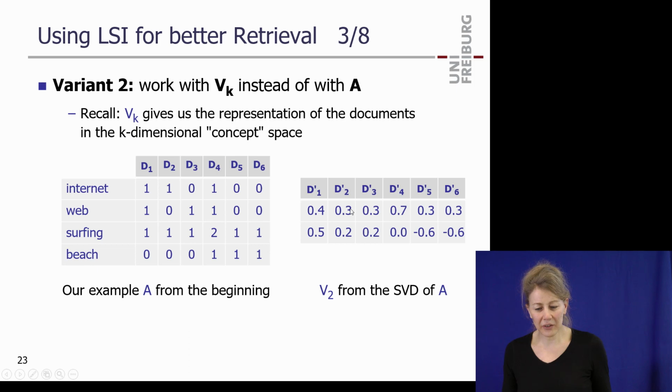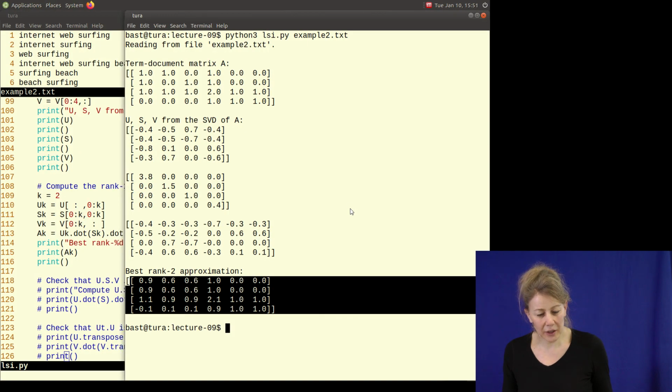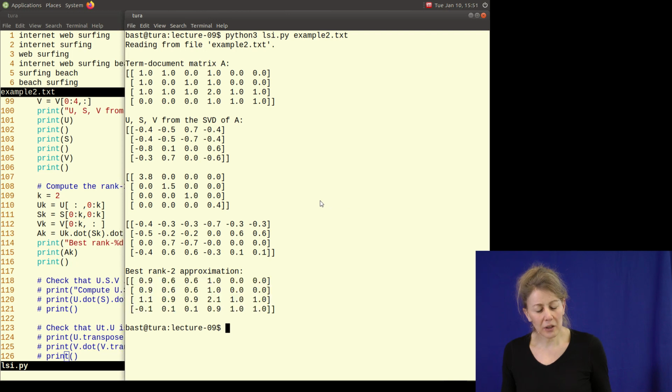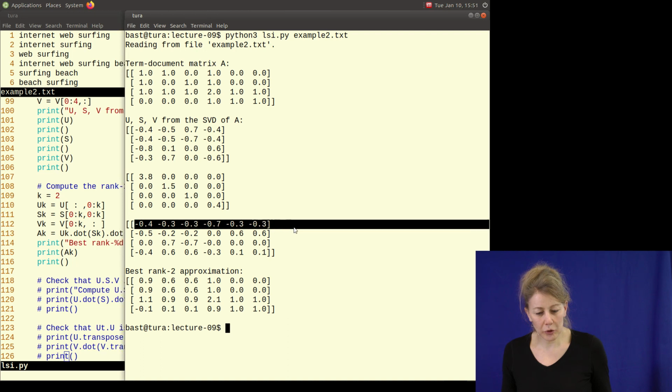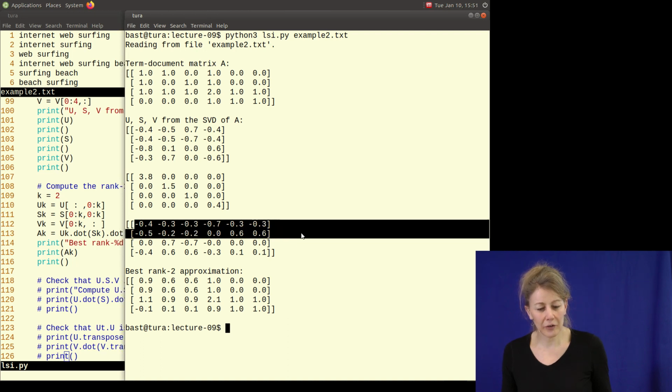in this simple example, where do we have... Okay, I haven't shown you the... No, it's just the first 2 rows here, right? If I take this here, these are exactly my concepts, how I started with, right?